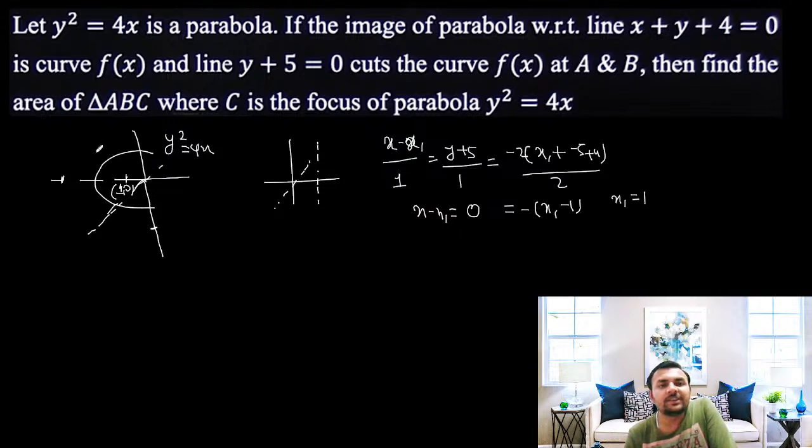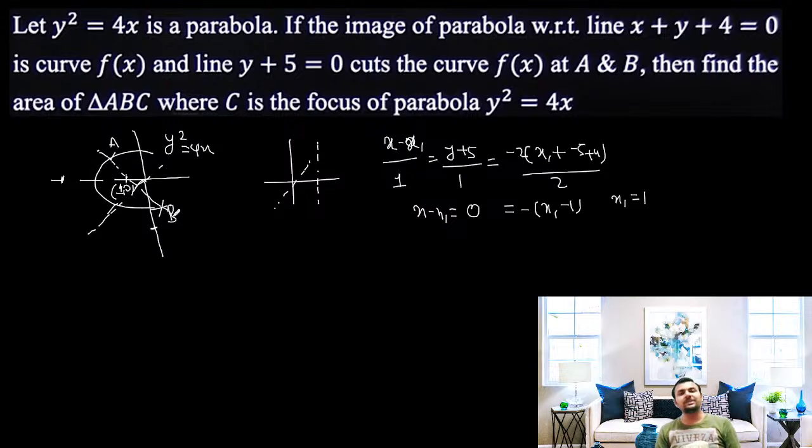So we can say that there would be a line which will be cutting it in 2 points A and B. Then the value of the area of triangle ABC, where C is the focus of y square 4x.